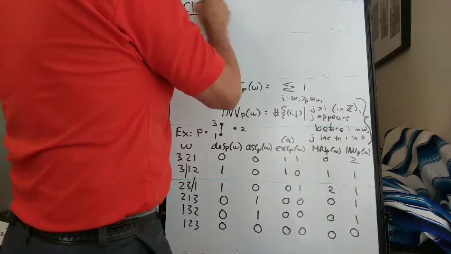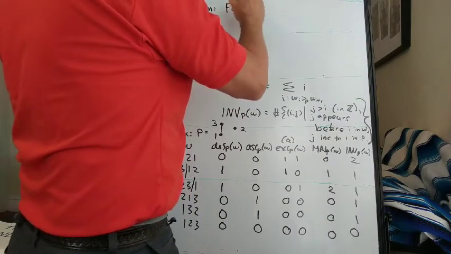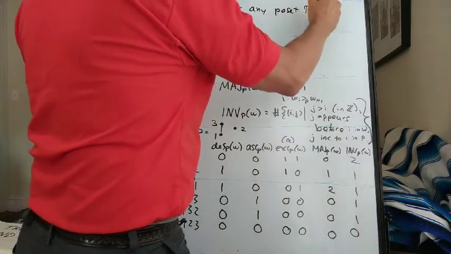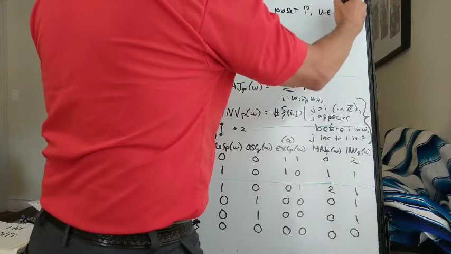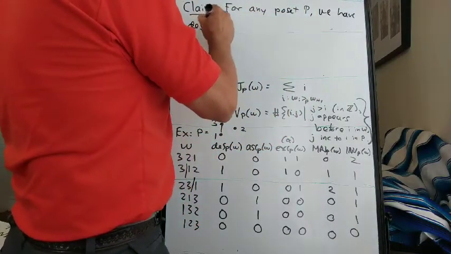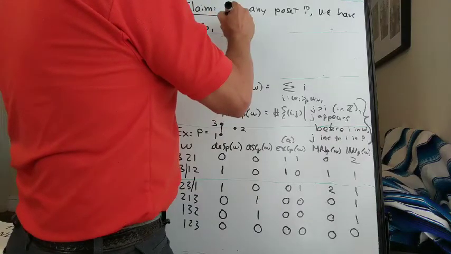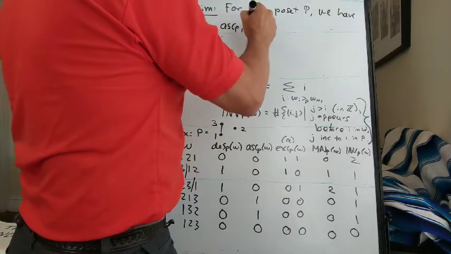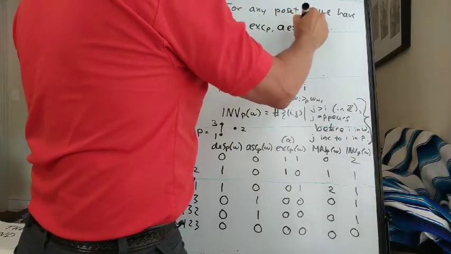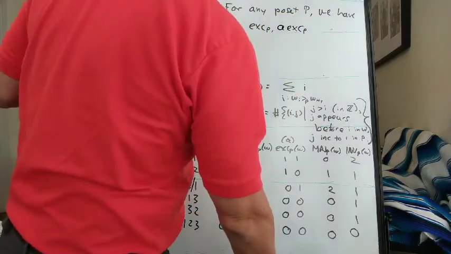Now it turns out that for any poset P, we have that P descents, P ascents, P exceedances, and P anti-exceedances are equally distributed.